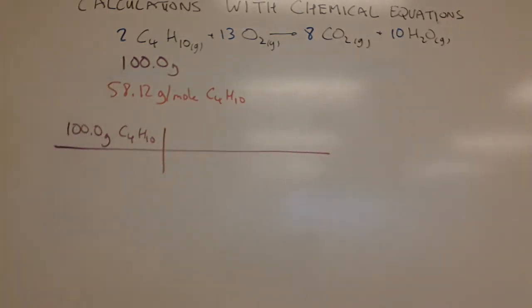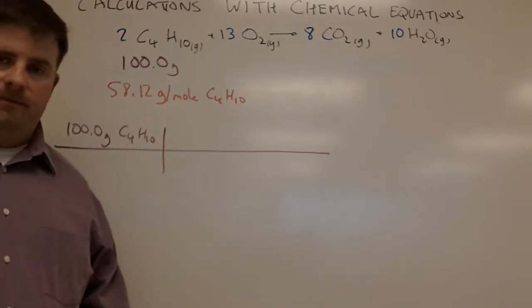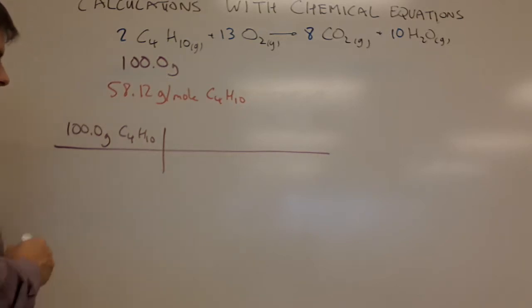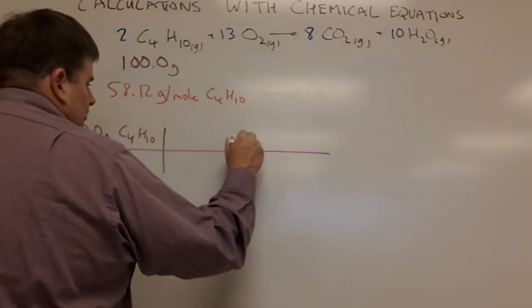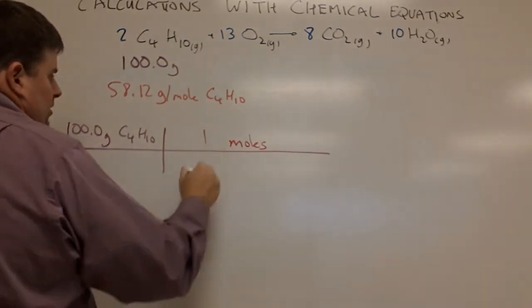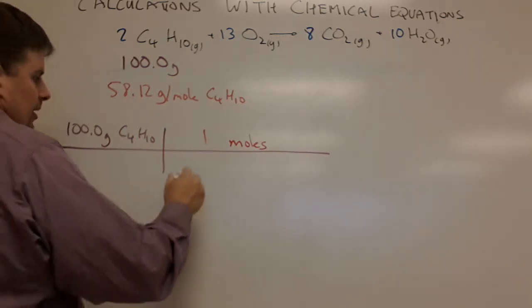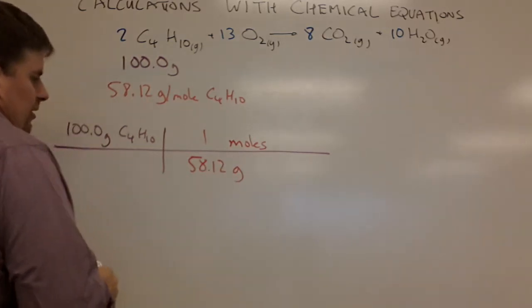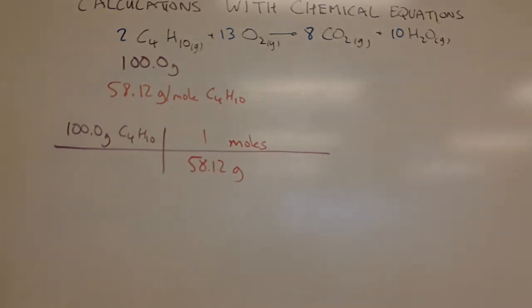All right, and to find the number of moles at this point, do I put this number on the top or on the bottom? I'm looking for moles, so moles should be on the top. I'm not looking for inverse moles, I'm looking for regular moles. So 1 mole is going to be on the top there, and I'm going to use 58.12 grams on the bottom. All right?